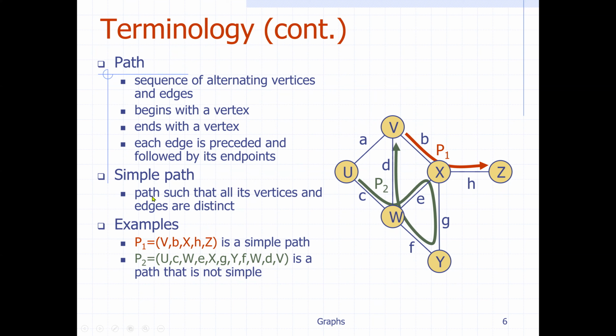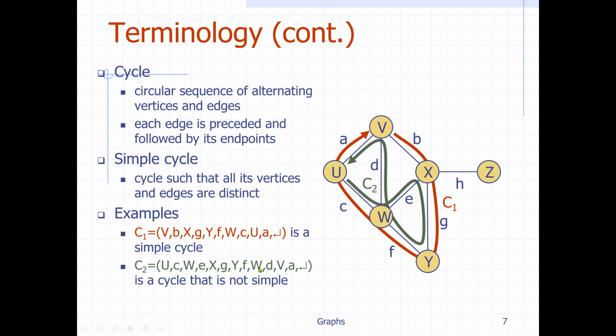A simple path is a path such that all its vertices and edges are distinct. So P1 is a simple path because all the edges and vertices are distinct. But P2 is not a simple path because the vertices are not distinct. We have W twice.